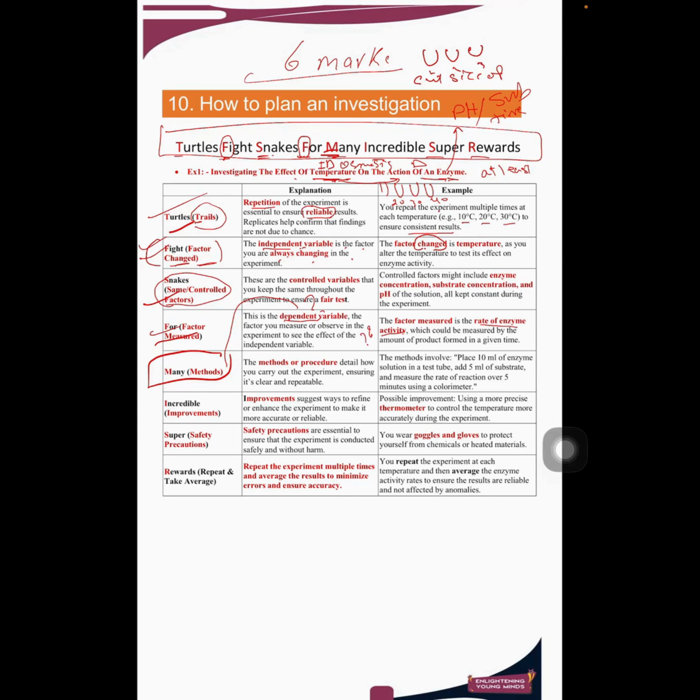How to measure the dependent factor, whether it is rate, temperature, oxygen released, or carbon dioxide released. I have to know how to mention how to measure it. Let's go for this example. In this method, you should add the enzyme in a solution with the substrate and measure the rate of the reaction over 5 minutes using a colorimeter, for example.